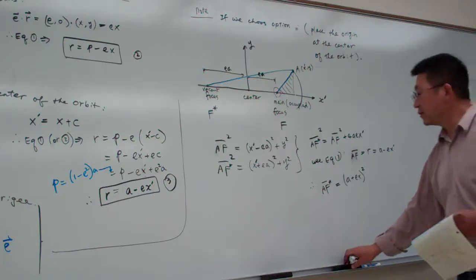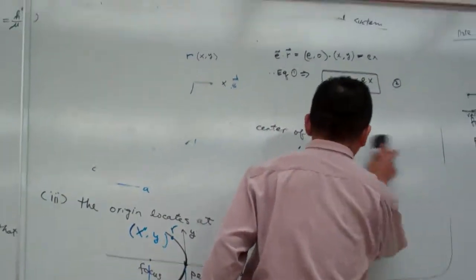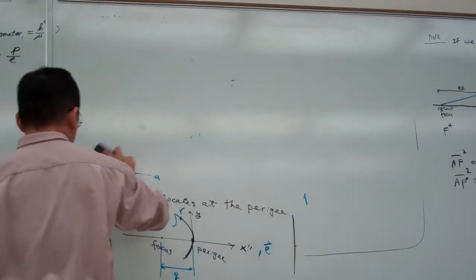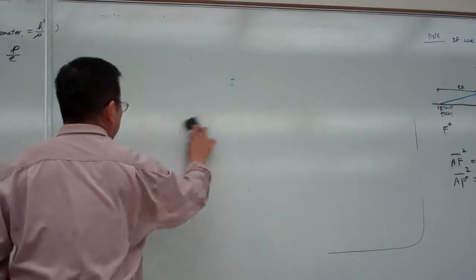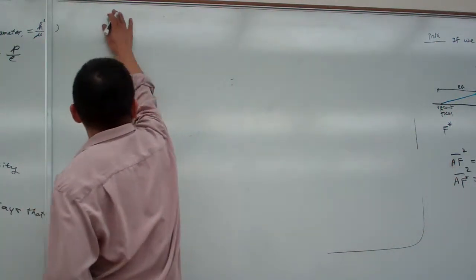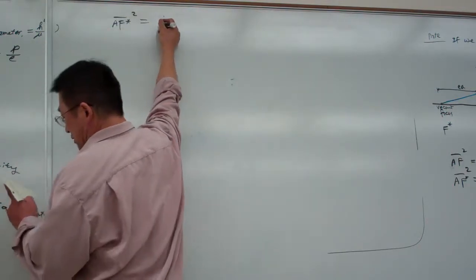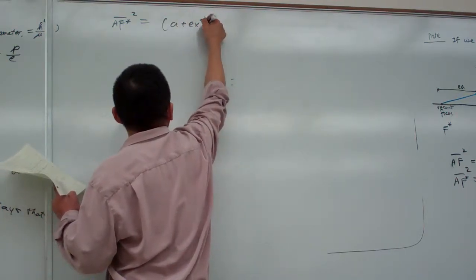With this, let me quickly use 5 minutes to get the important properties, otherwise next time I will rewrite everything. So from here, AF star squared is equal to a plus ex prime squared.